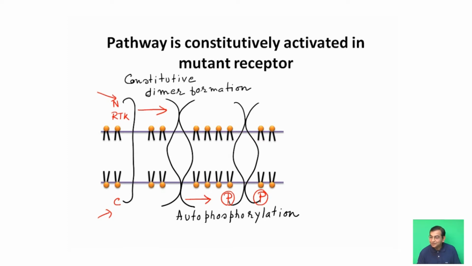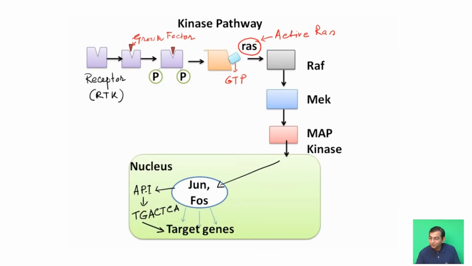Now let us see how this signal passes to the transcription factors and how gene expression occurs. One of the most important pathways is the kinase pathway. In this figure we are showing a receptor tyrosine kinase, or RTK.